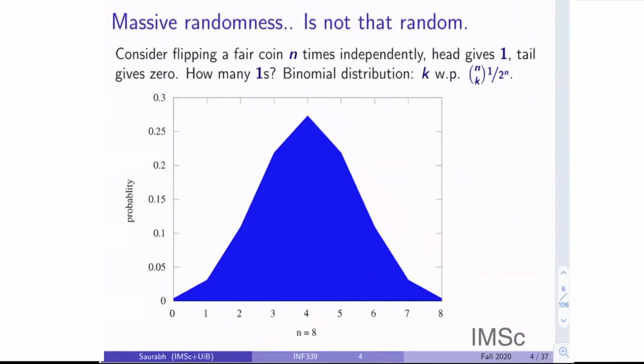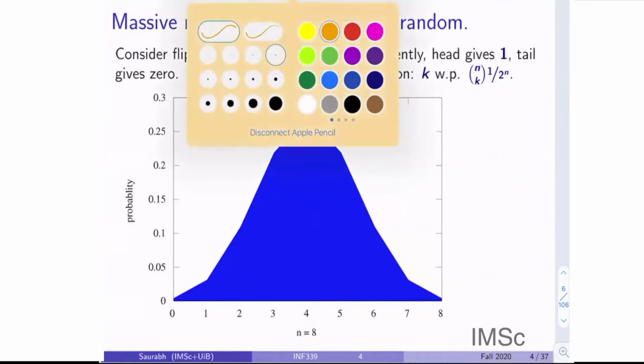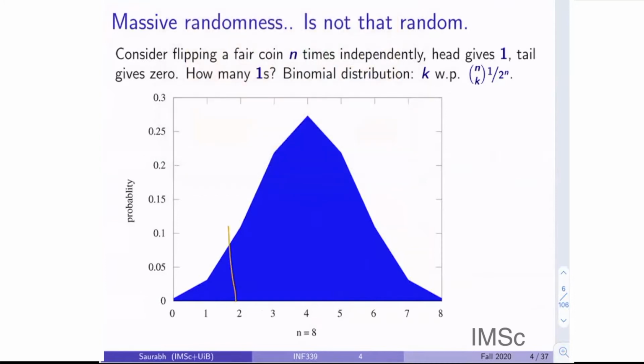For example, if we had 8 coin tosses, and I showed you this picture and asked, can you tell me how many heads will I see between 2 and 6? I go here, and of course I'm not drawing it very correctly.